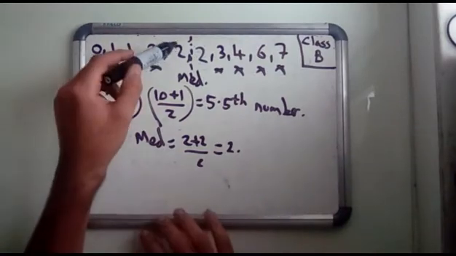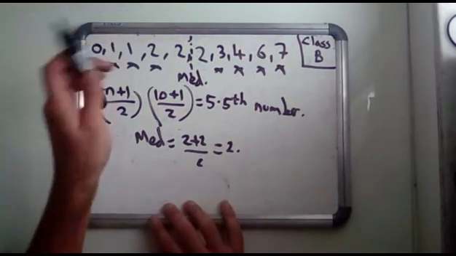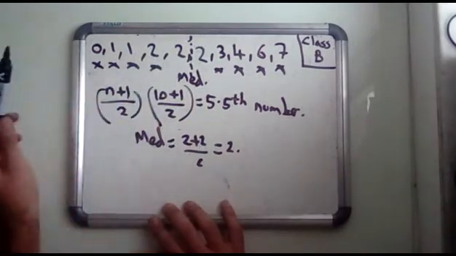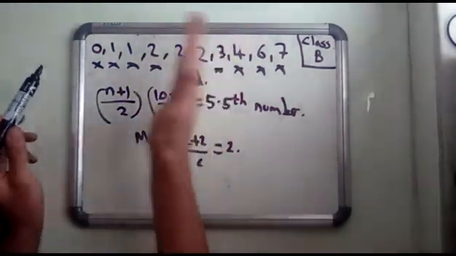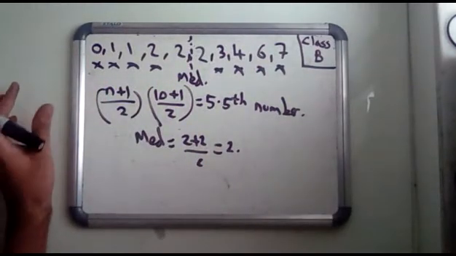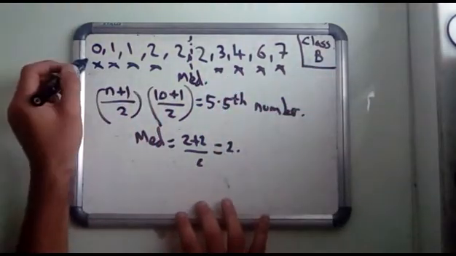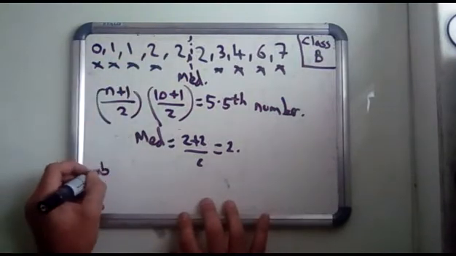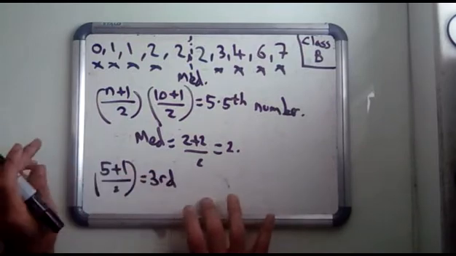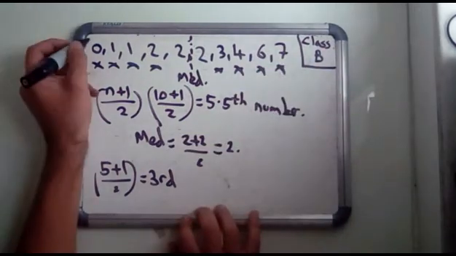Then once you're looking for quartiles, the difference is we've drawn a line and not circled a number. Remember the median splits it in half, so you've still got 5 numbers to the left of the median and 5 to the right. Whenever you split at a median, you've got to have an equal amount of numbers either side. With 5 numbers this side, you can do 5 plus 1 over 2, which tells you the third number will be the lower quartile, and the third number from this end will be the upper quartile.